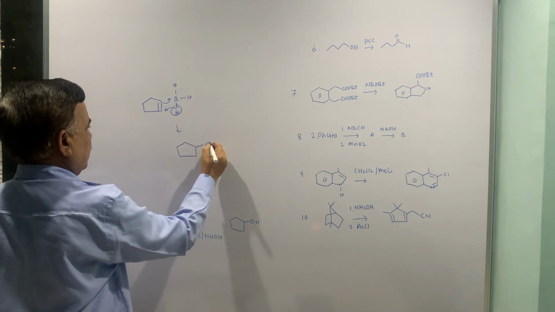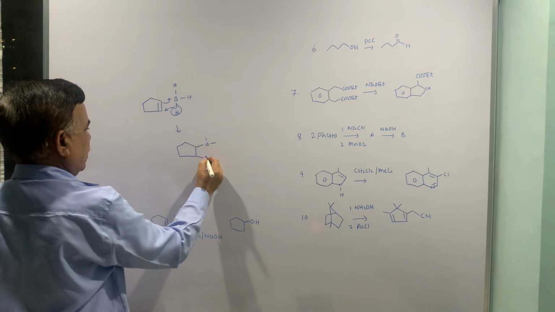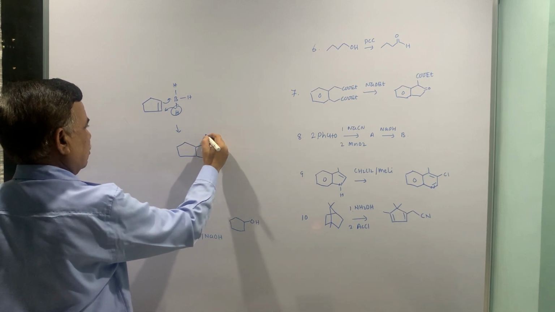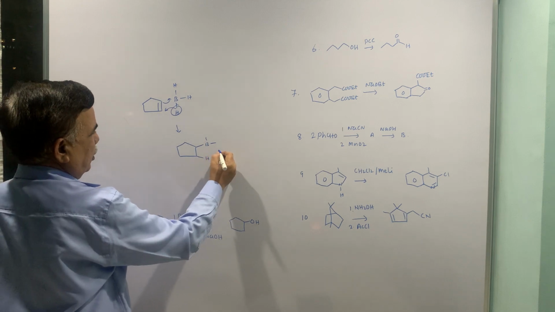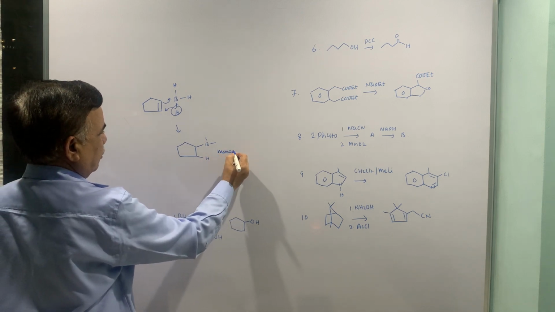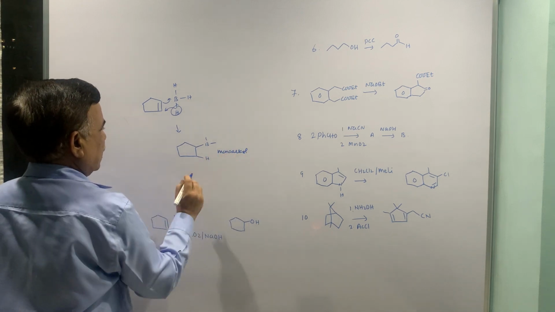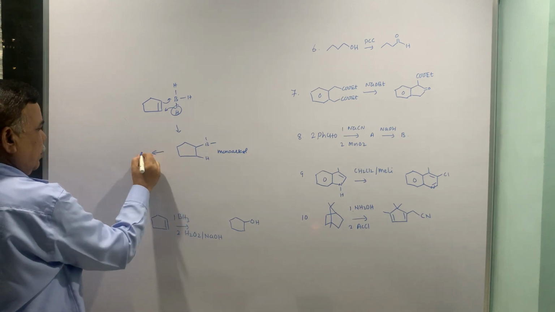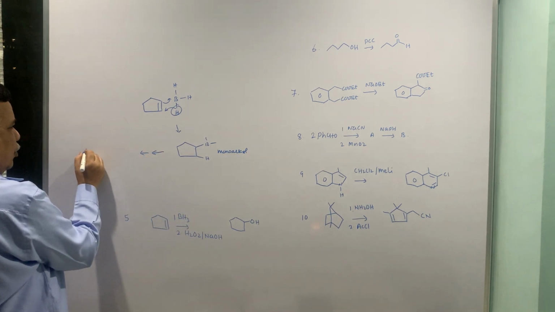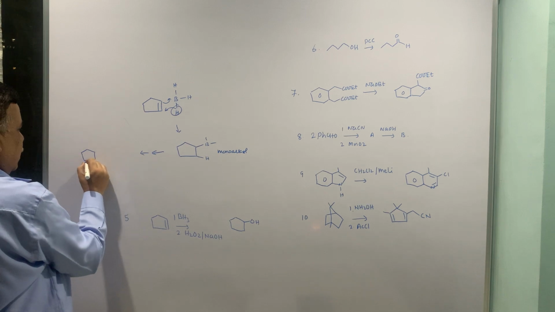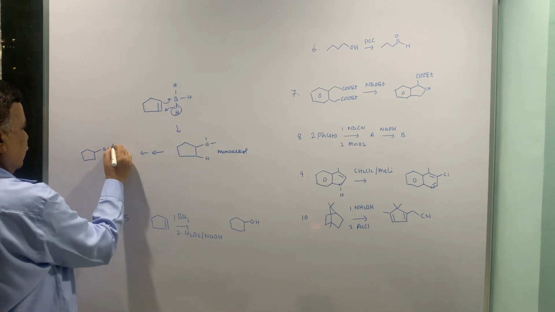So BH, so this is monoalkyl borane, this eventually becomes trialkyl borane. That means these three rings are there.